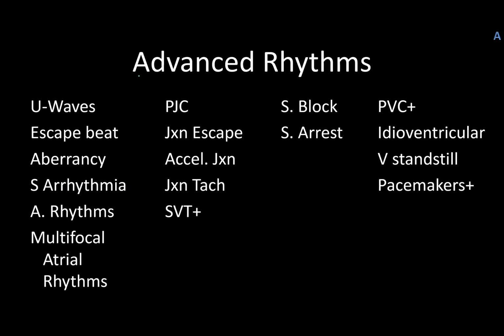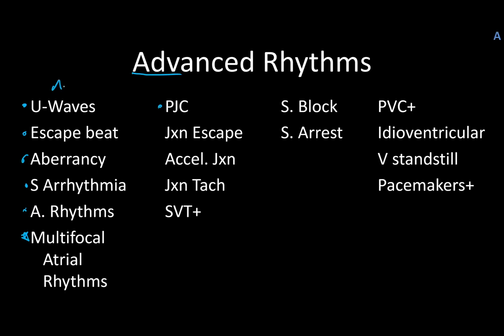So as part of advanced arrhythmia, we're going to move beyond what was covered in the previous class and dig into some more interesting things that you may see. We'll talk about U waves, escape beats, aberrancy. We'll talk about sinus arrhythmia, atrial rhythms, which are not to be confused with sinus rhythms, and multifocal atrial rhythms. Then we'll get into the junctionals.